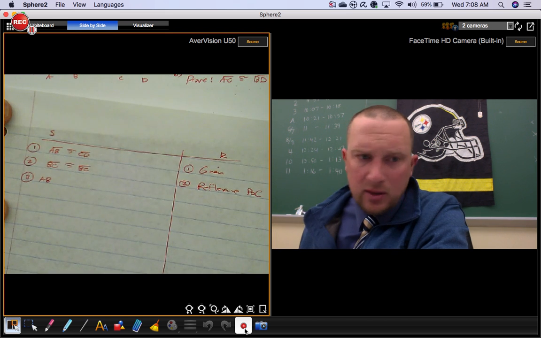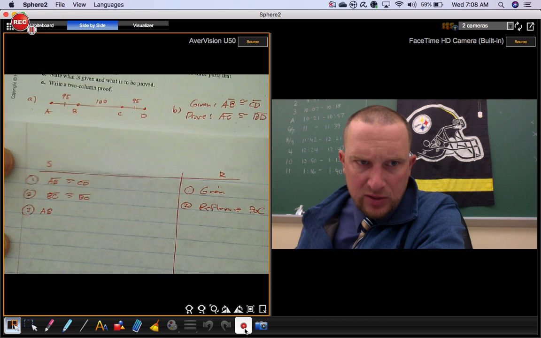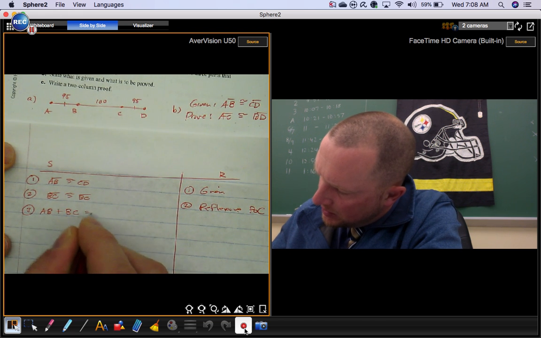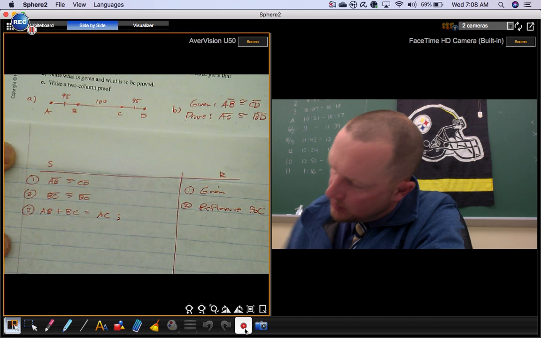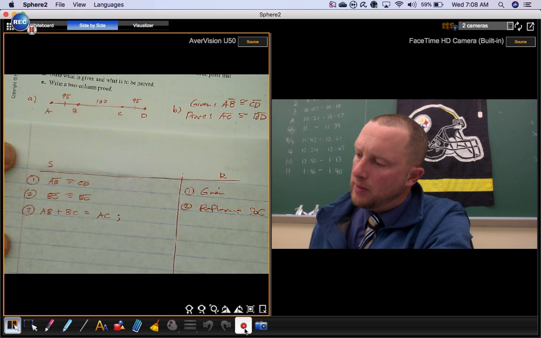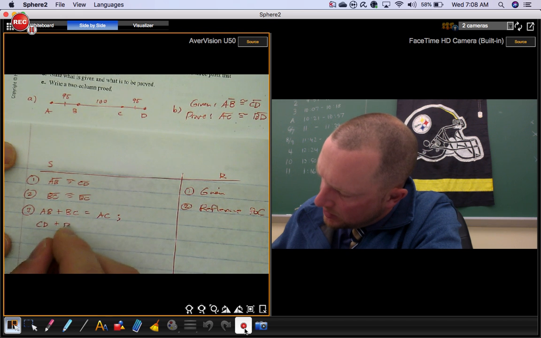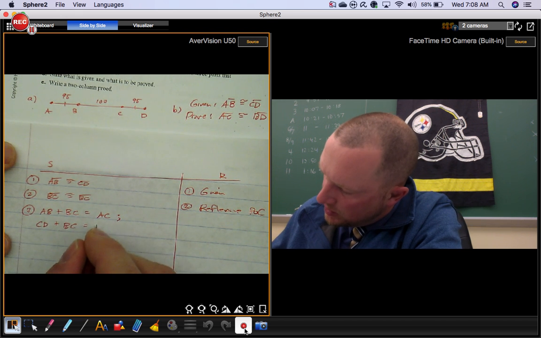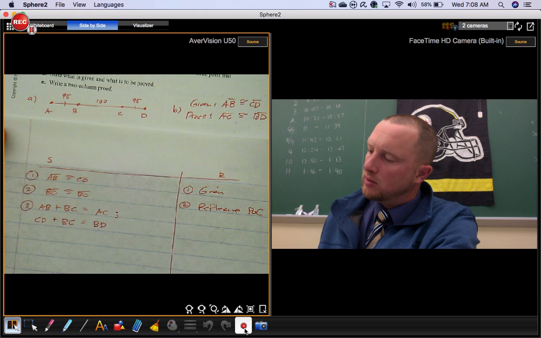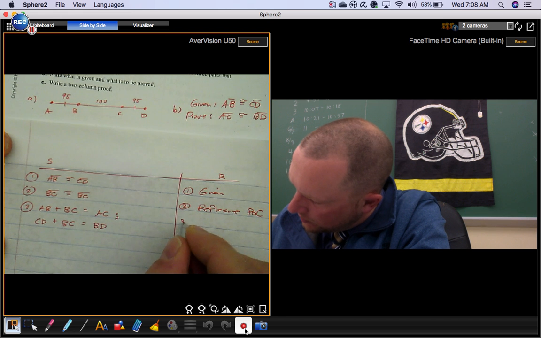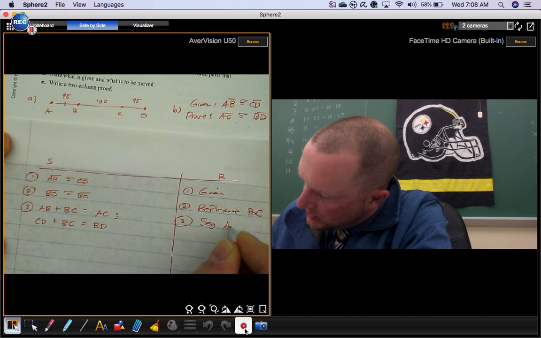Distance from A to B plus distance from B to C equals distance from A to C. I'm also going to do this. Distance from C to D plus distance from B to C equals distance from B to D. That's your segment addition postulate.